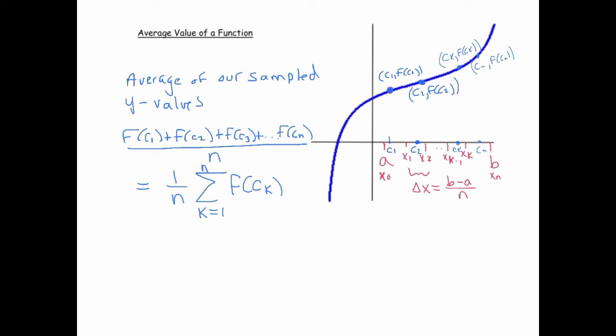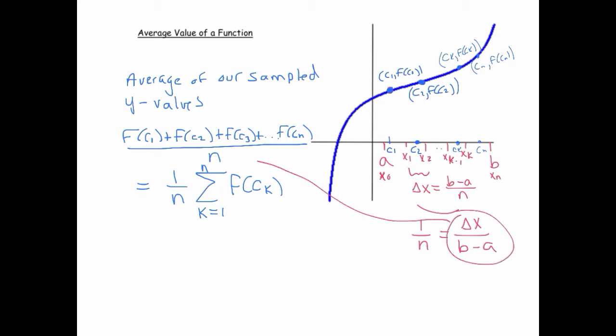So the way that works is we're going to solve this equation right here for 1 over n. If you cross multiply and divide, you'll see that 1 over n equals change in x over b minus a. And so we're going to make a little substitution there.